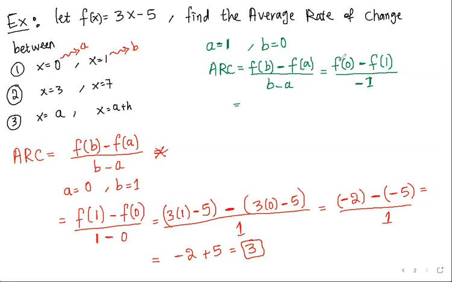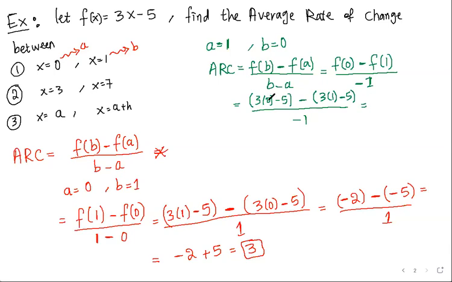Let me show you again: f of 0 is 3 times 0 minus 5, minus f of 1. You plug the 1 inside the function, so I get 3 times 1 minus 5, over minus 1.